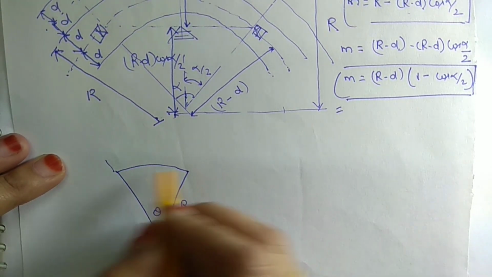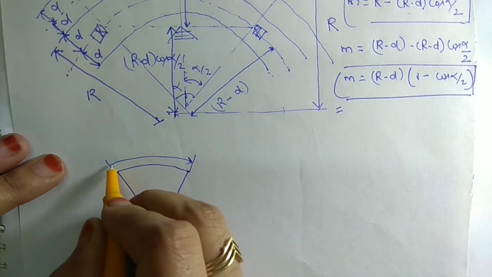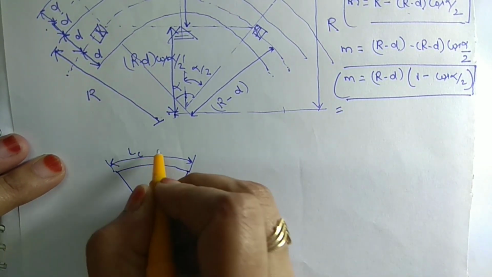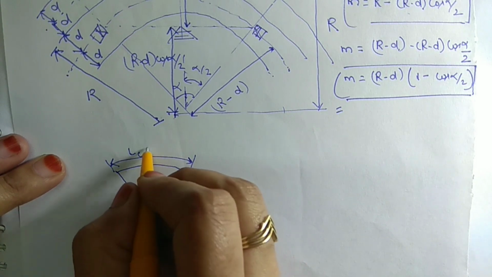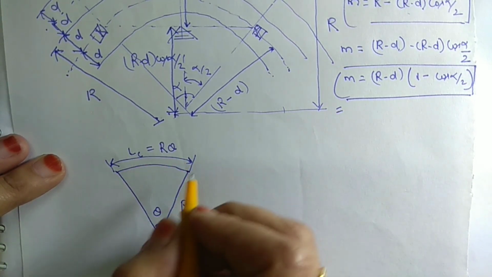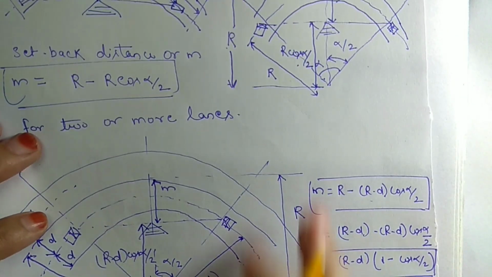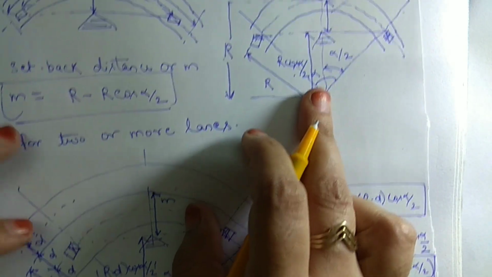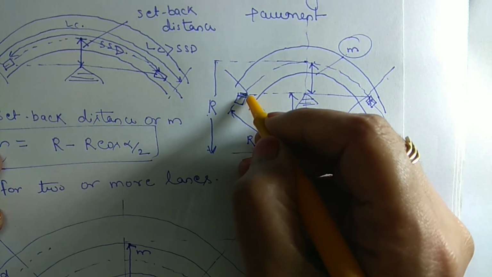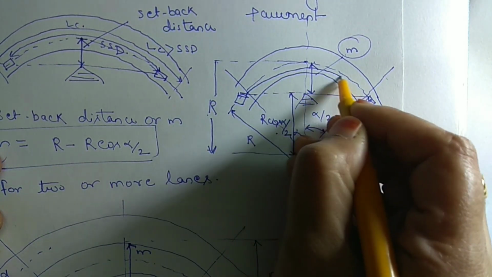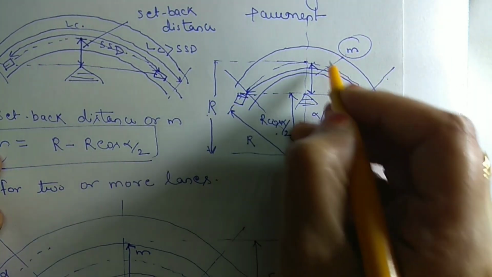Then this length of curve will be equal to r theta by the property of circles. Similarly, this case applies here, where this distance is SSD.